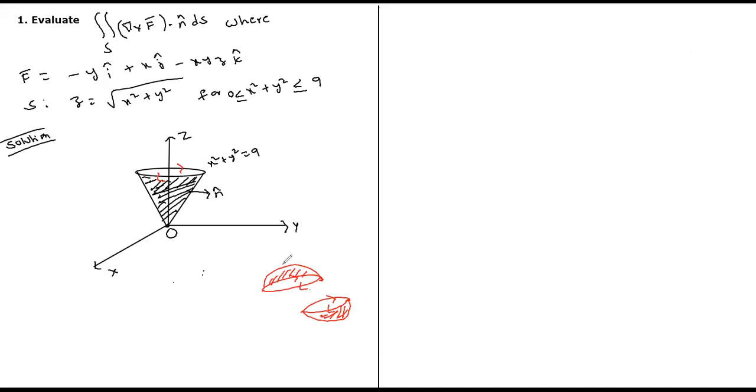Both are positive orientations. One you see as anti-clockwise, the other as clockwise. This is clockwise orientation, but it is positive orientation with reference to the lower hemisphere. This is anti-clockwise, but positive with respect to the upper hemisphere. So don't think that clockwise is always negative and anti-clockwise is always positive. It all depends upon the surface and the boundary.